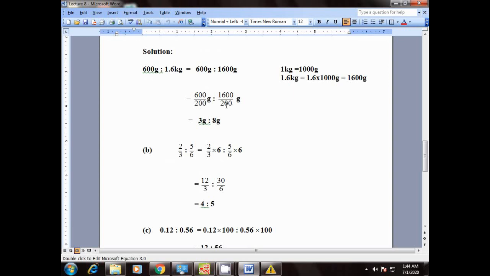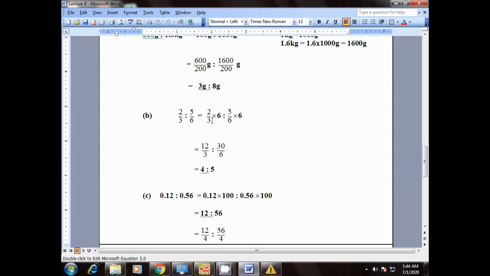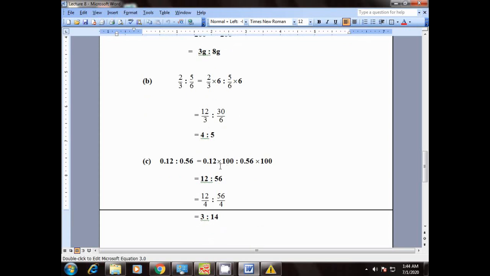And then in the second part, we multiplied both quantities by the same number 6. And then in the third part, we are multiplying both quantities by the same number 100. So to simplify a ratio into its simplest form, it is necessary to keep in mind that you can multiply or divide the quantities by the same number.